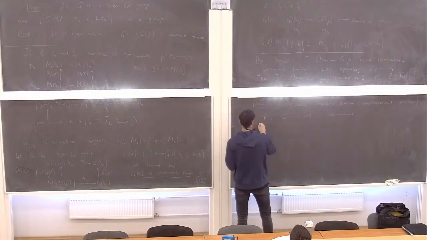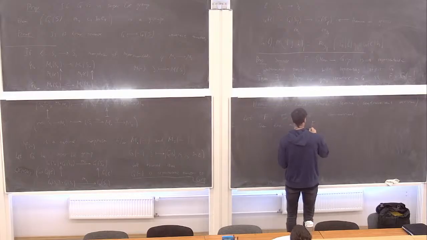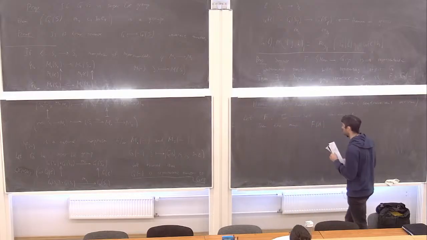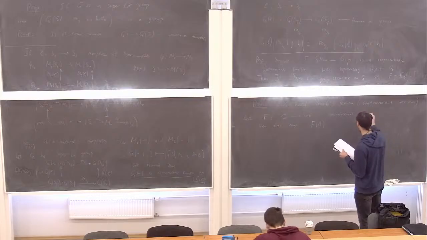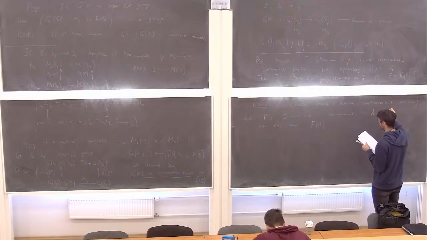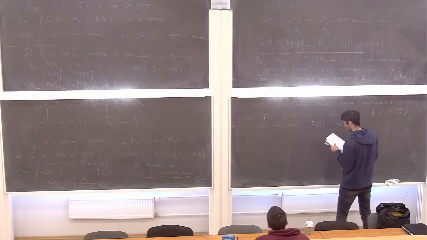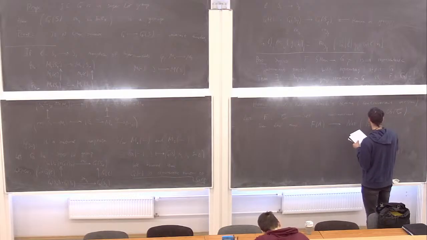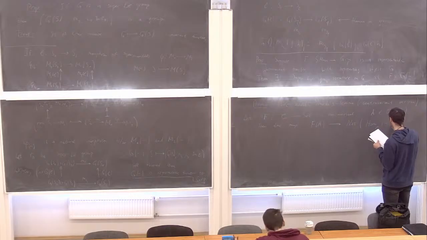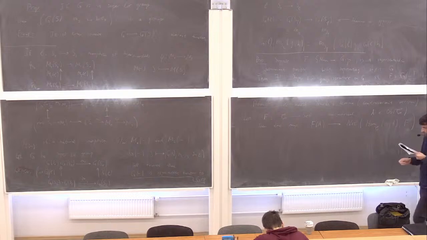Then the map, if I fix an object A in C, then I have this map from F of A to natural morphisms between this functor and F. And it works as follows.